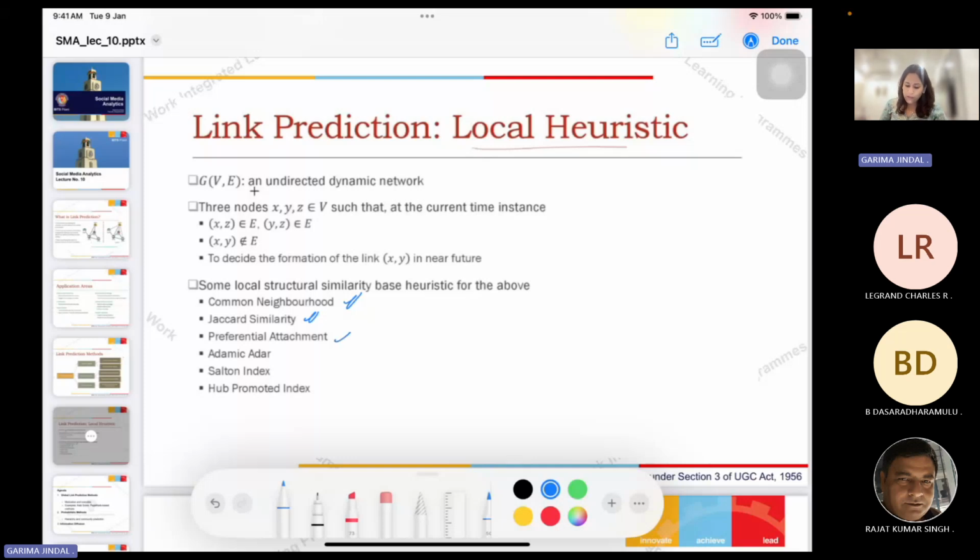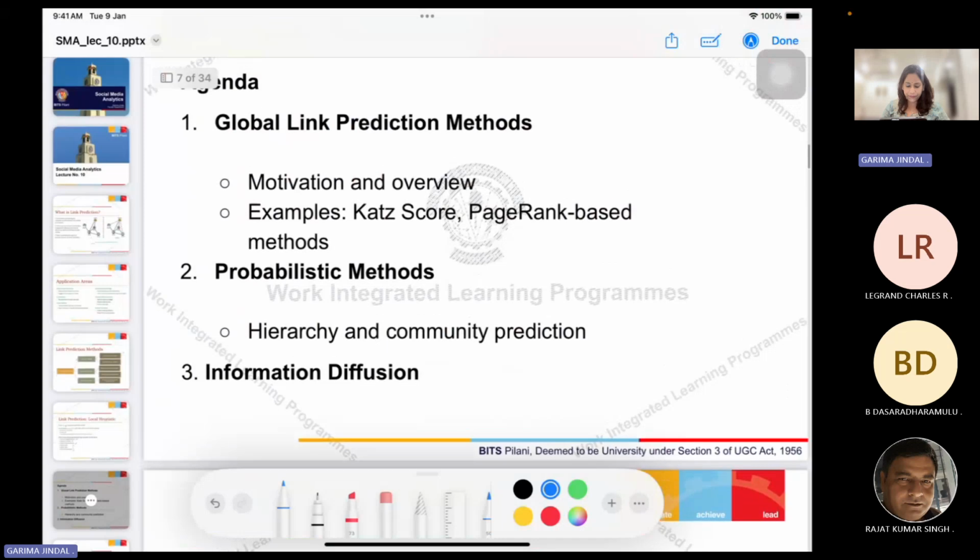We also saw how we can use preferential attachment, or the degree of the nodes, in order to predict the links. And there were some other algorithms as well that we covered in our last lecture.